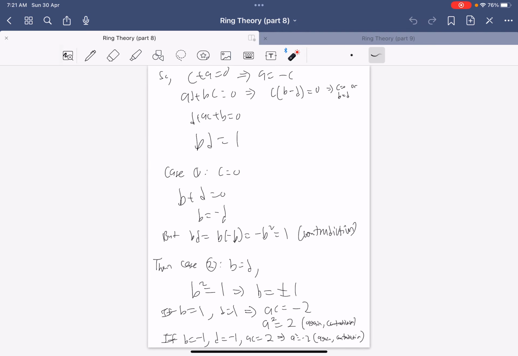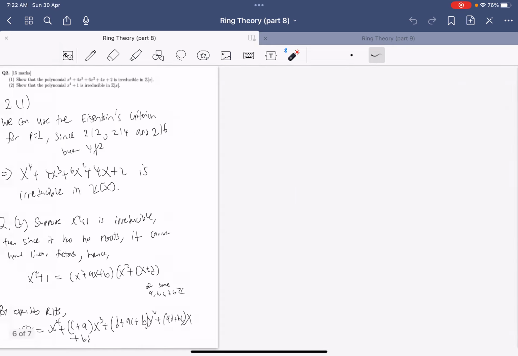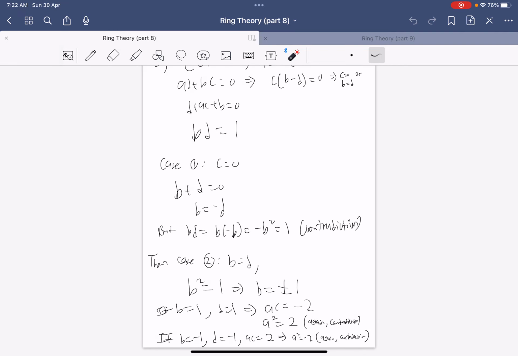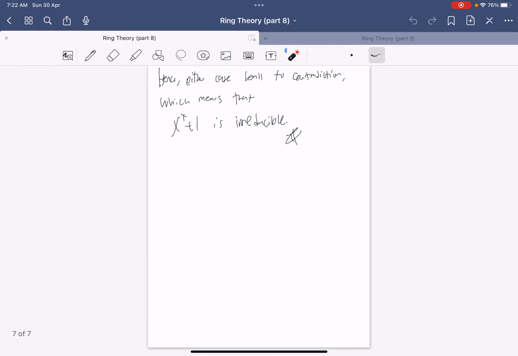So this is really routine, and I'll leave it to you to read it, but it's really working through the algebra where you break it down into reducible factors, and then you just multiply throughout and expand out the coefficients one by one. So you get a contradiction in all cases, and we have just shown that it must be irreducible in this case.